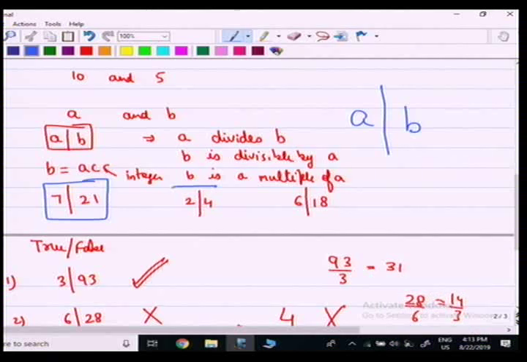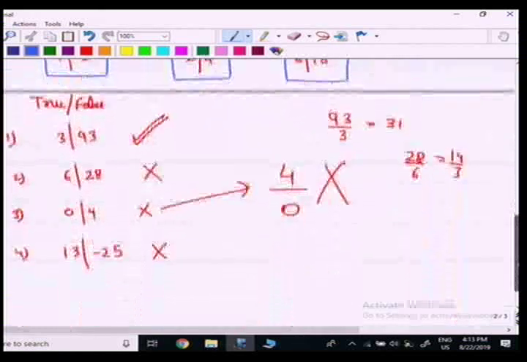Similarly, 2 divides 4 for some integer 2, and 6 divides 18 for some integer 3. So we have to check that on dividing the second number by the first number, the answer comes out to be an integer. Then only this statement will be true, otherwise not.